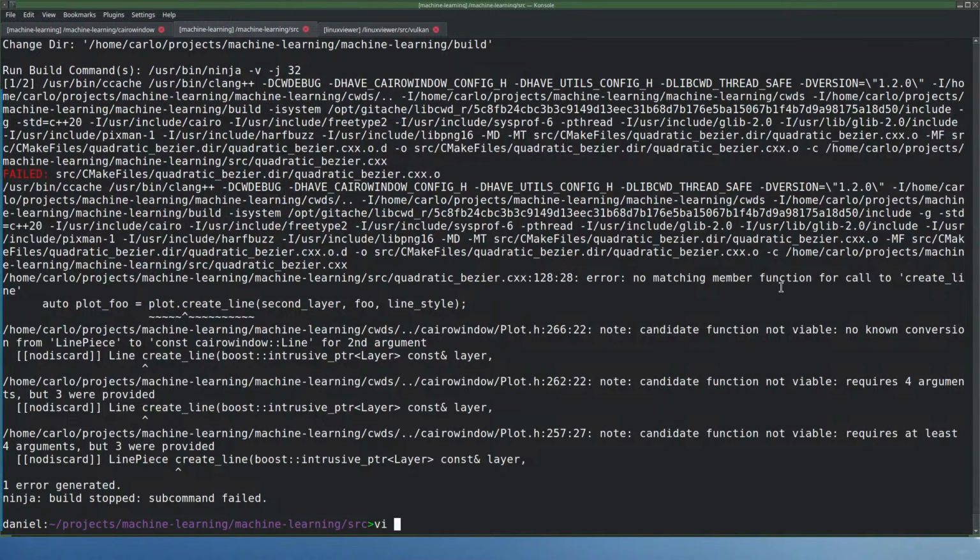No matching member function to call to create line. Not viable, no conversion from line piece to line. I cannot create a line from a line piece. Unacceptable.